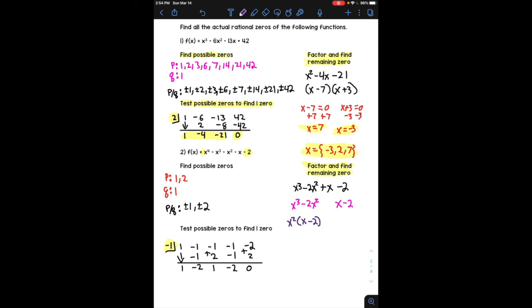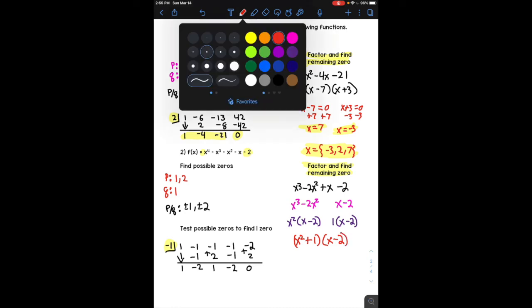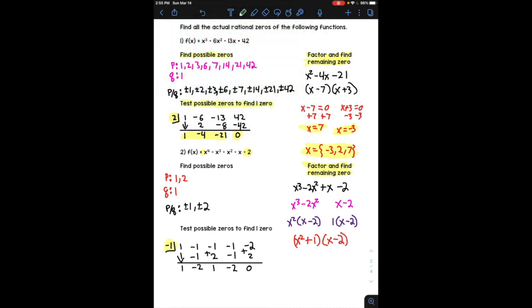And the second group, a GCF of 1, which when factoring it out is x minus 2. The factors here are x squared plus 1 times x minus 2. I'm going to set these both equal to 0 and solve for x to get my other zeros.